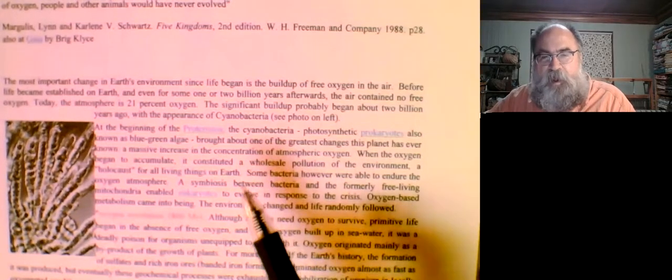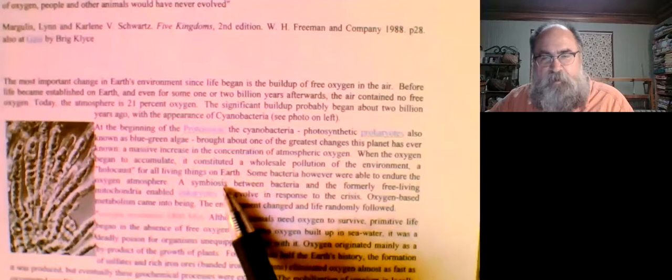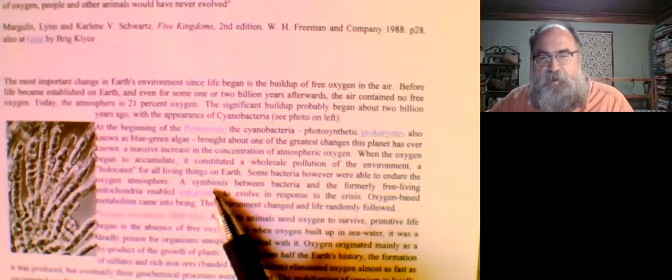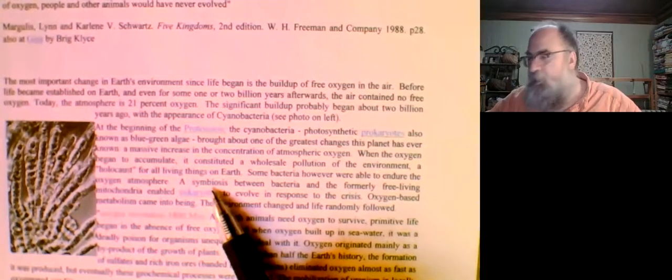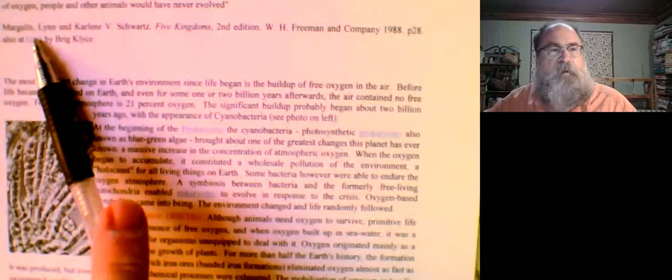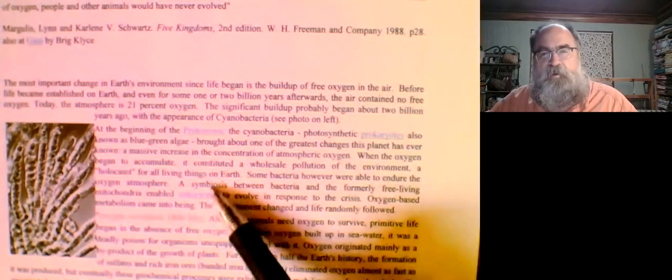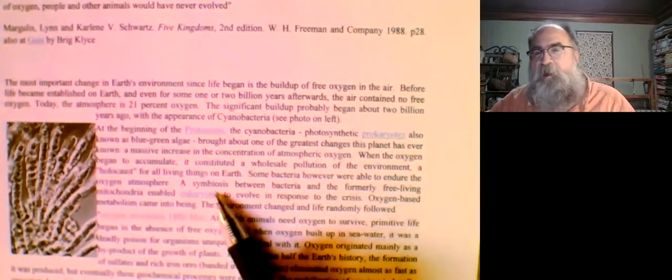But at some point in here, we get a symbiosis. And so this is the endosymbiotic hypothesis. And the person, Lynn Margulis, she was one of the people that was real important in putting this forth in the 1970s.